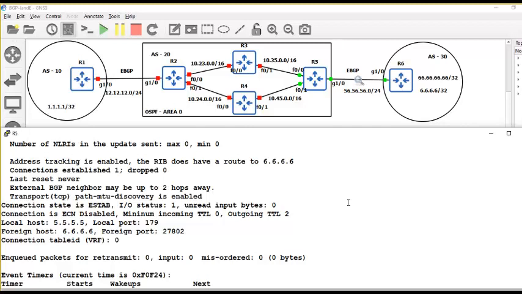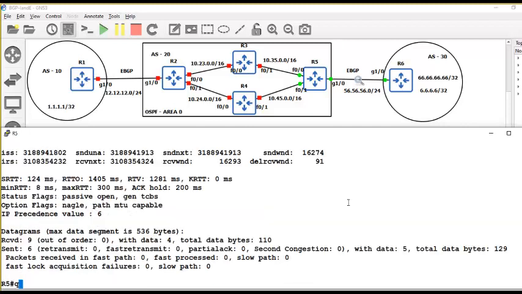IBGP neighbors can be anywhere. He need not be directly connected. So how does BGP know it? Because the outgoing TTL will be 255 by default. Kindly respond to me. Do you understand? Or should I repeat?